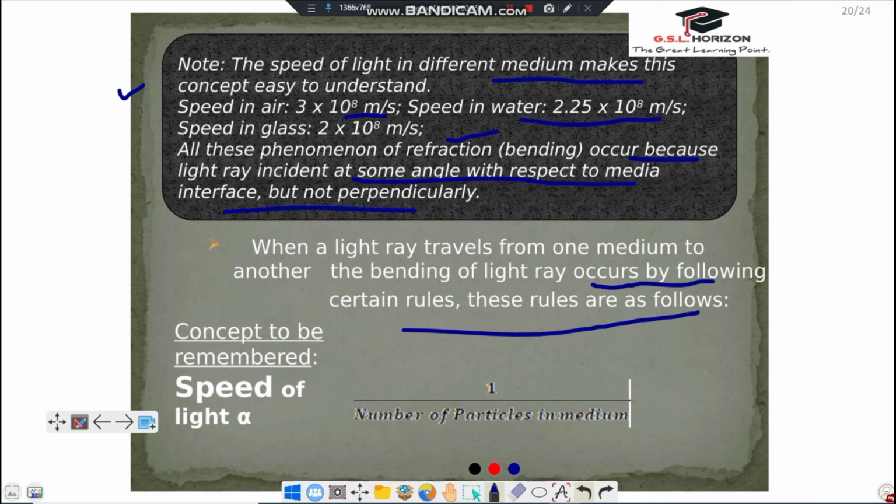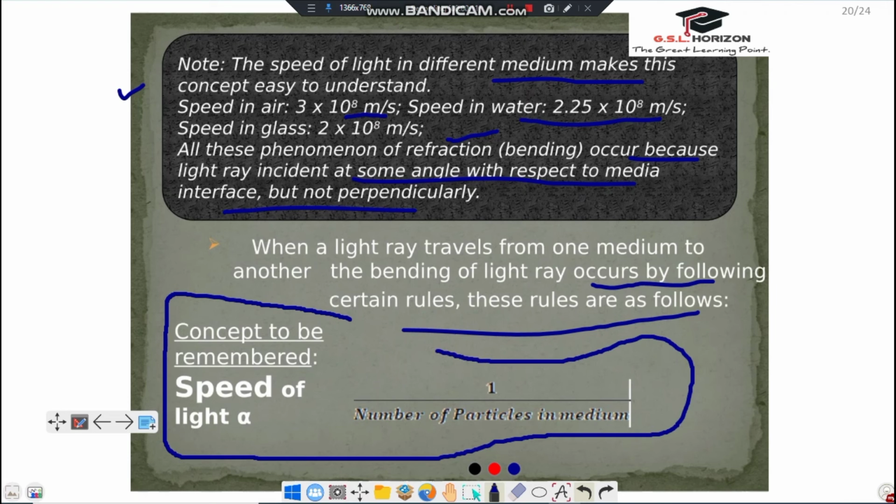Please remember these concepts. This is an important concept regarding the speed of light: speed of light is proportional to 1 by the number of particles in any material medium.